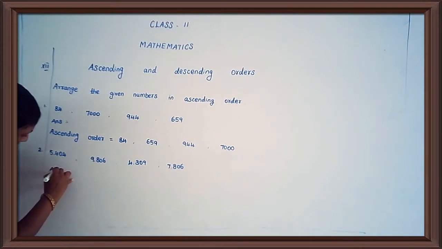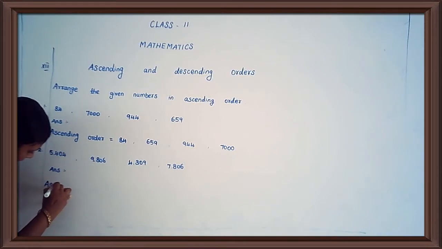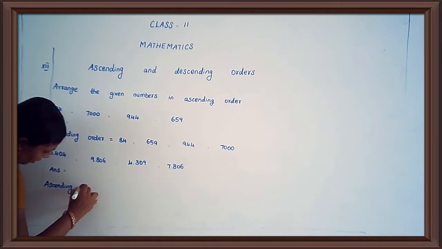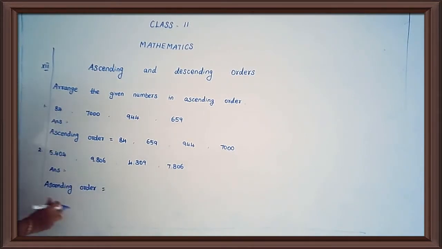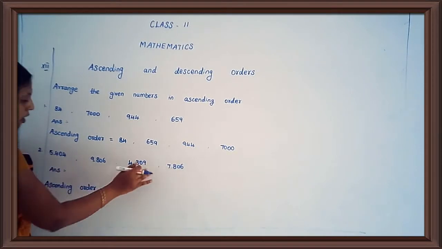Answer. Ascending order. A-S-C-E-N-D-I-N-G, ascending. O-R-D-E-R, order. Ascending order means we have to arrange the numbers from small to big. Okay. 5,000, 9,000, 4,000, 7,000. 4,000.